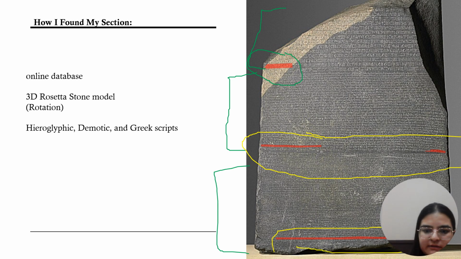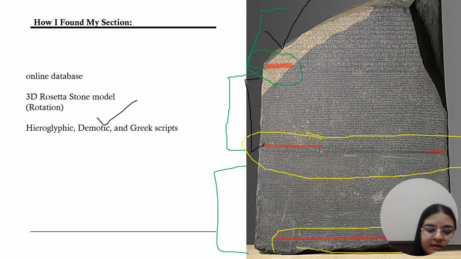All three passages are written in different languages. The language used for the top section is the hieroglyphic language, and the second one is the Demotic script.